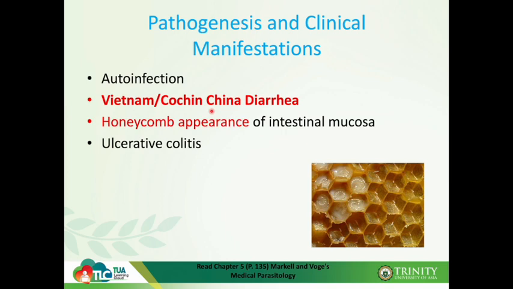Because way back in the 1800s, sa mga panahon ng mga gera, there was an outbreak of strongyloidiasis among the soldiers who are fighting in the war. Ayun. So, kawawa naman sila, no? Nagbabarilan sila, but at the same time, dinadiarrhea sila. Kaya, Vietnam diarrhea and Cochin China diarrhea is the nickname for strongyloidiasis today.